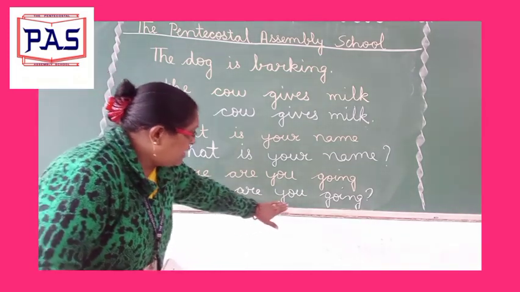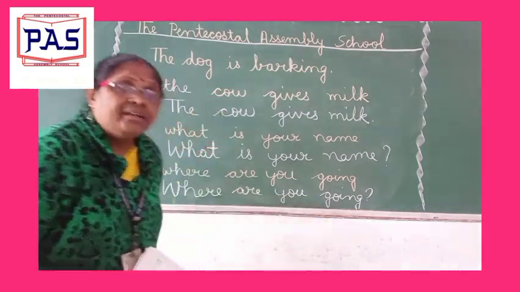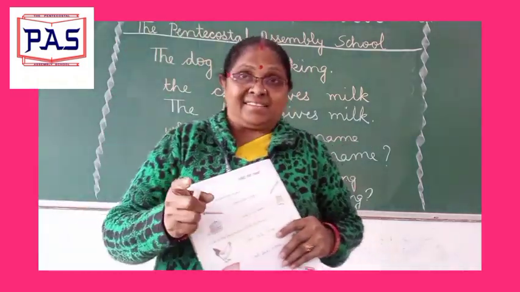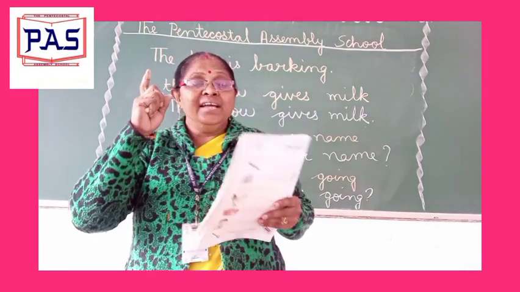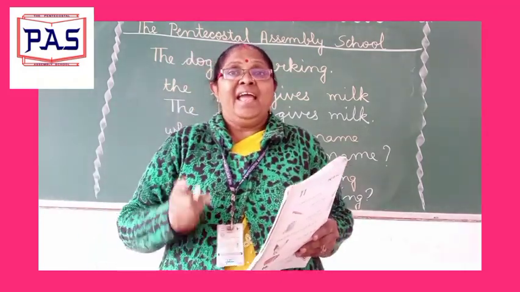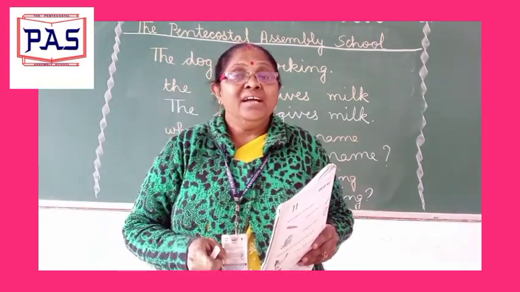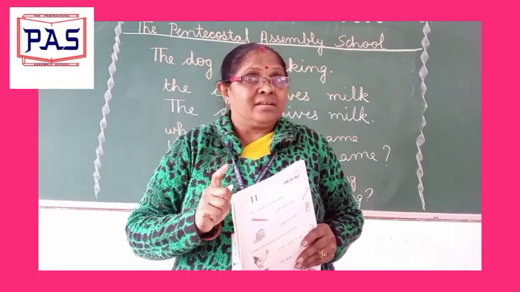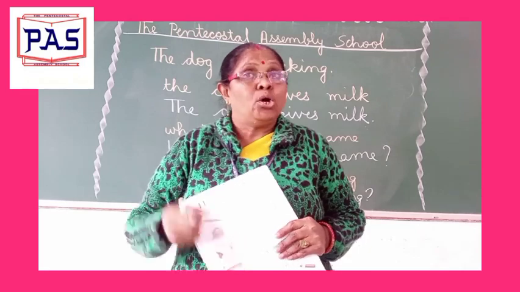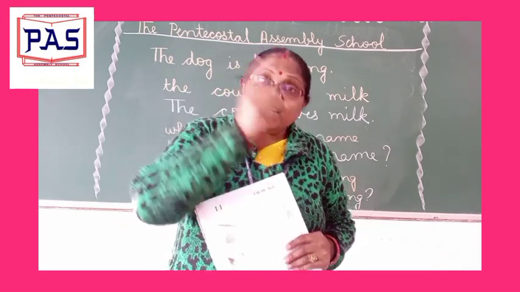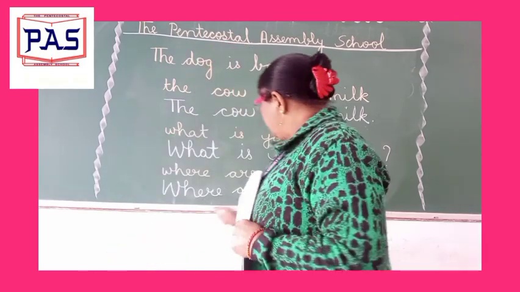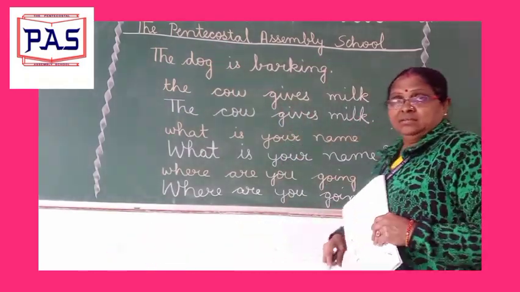So children, when a sentence starts, it starts with a capital letter and ends with a full stop if it is a sentence. But if it is a question, it starts with capital letter and ends with a question mark.